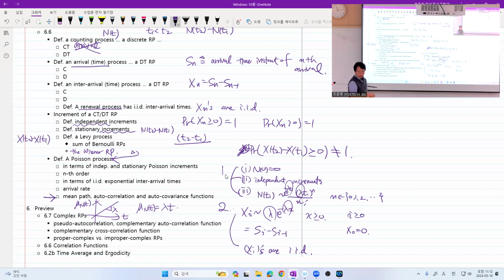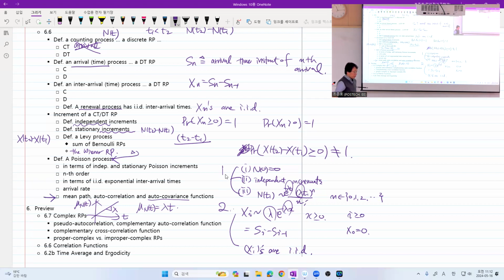What about the autocorrelation and autocovariance functions? You can derive these two functions from the simple property of Poisson random variables. And you can show that the autocovariance function is not a function of T2 minus T1 or T1 minus T2.